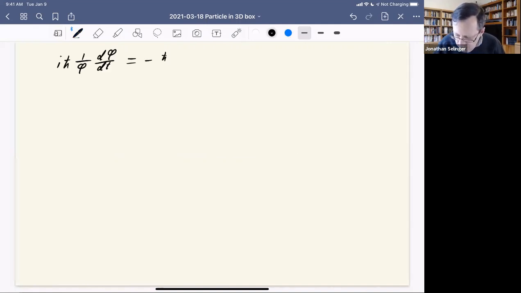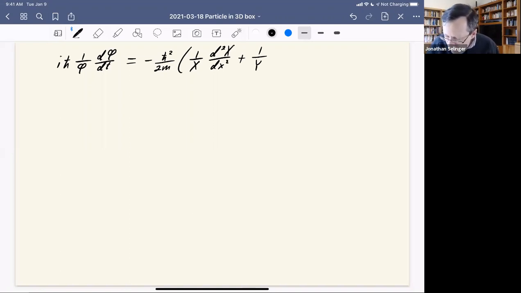On the other side, there's this minus ħ squared over 2m, and the first term has a 1 over big X times the second derivative of big X with respect to little x. Then there's a term with 1 over big Y, second derivative of big Y with respect to little y. And then 1 over big Z, second derivative of big Z with respect to little z.